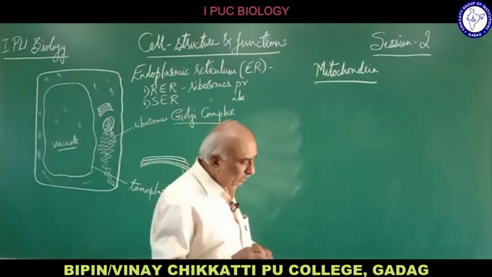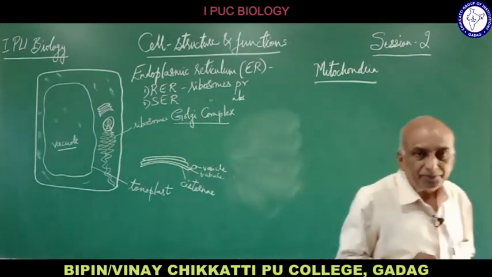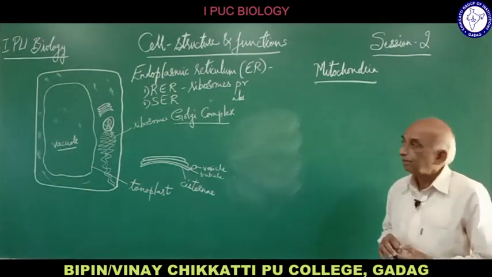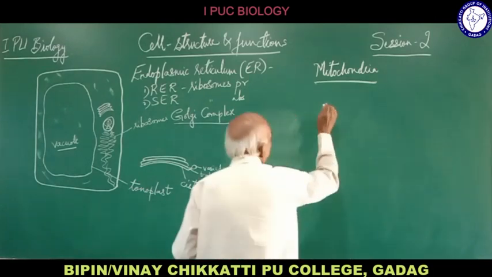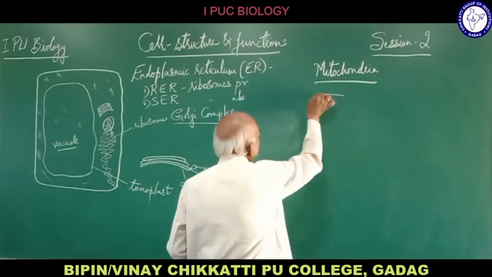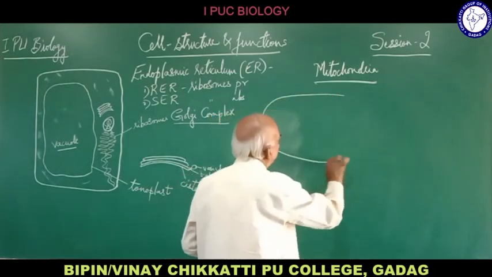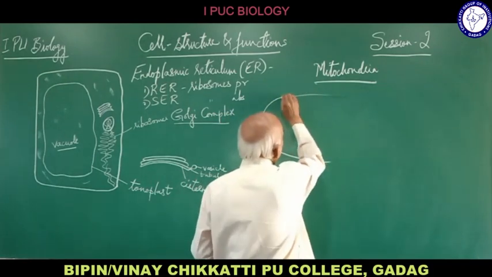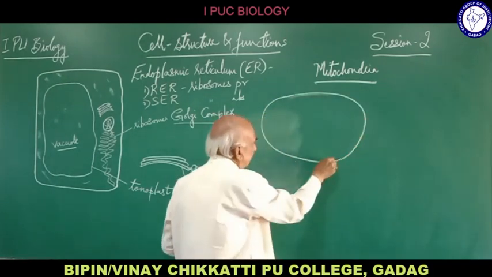But mitochondria are necessary for all living cells of eukaryotes. Mitochondria have different shapes actually. It may be rod shaped, or oval shaped or elliptical shaped like this.